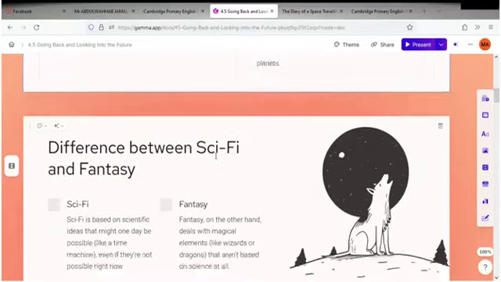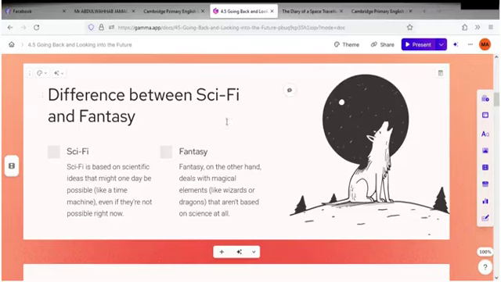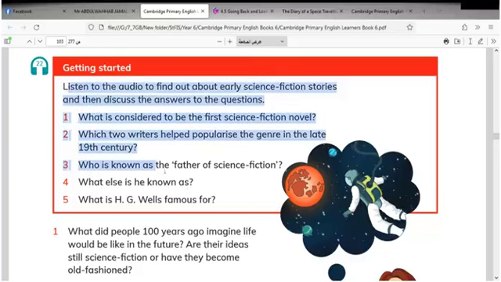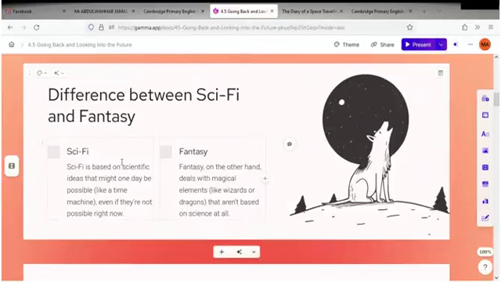Now, in order to start, I have just to mention a very important difference between sci-fi and fantasy, and after that, I will answer these questions. So again, science fiction is fiction which is based on science, scientific ideas that might one day be possible, like time machine, teleporting, even if they are not possible right now.